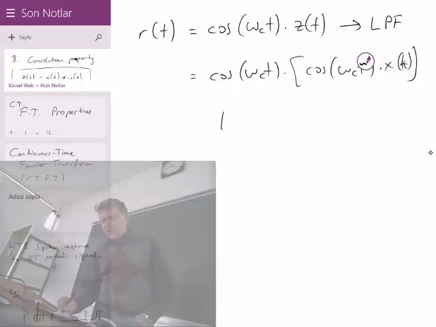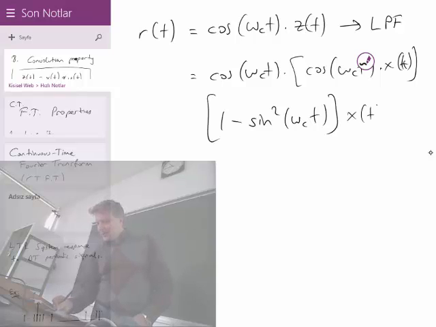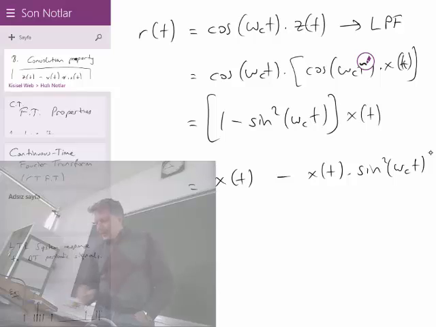It is 1 minus sine square omega ct, times x of t, which is x of t minus x of t times sine square omega ct.